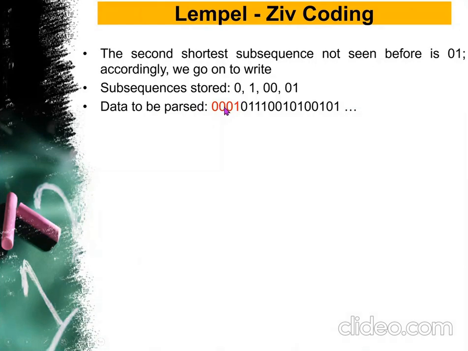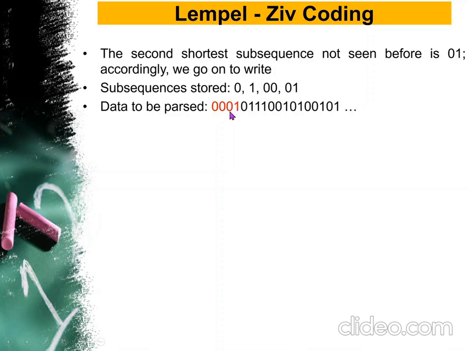So we need to take the second bit along with the first bit to form a group, and that group becomes 0, 0. This 0, 0 subsequence is not already stored, so we write it as the third subsequence in the code book. So the first two bits have been grouped and written at the third position.